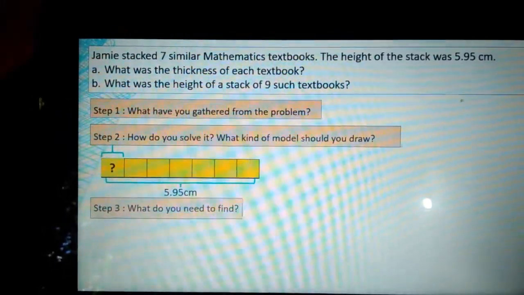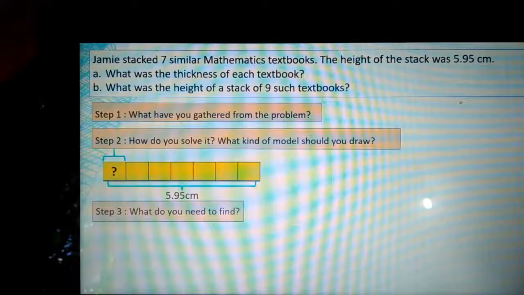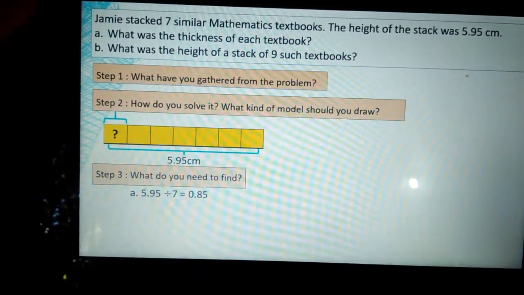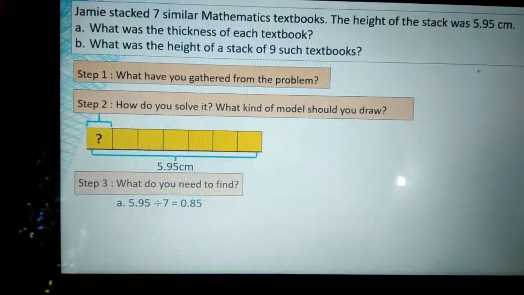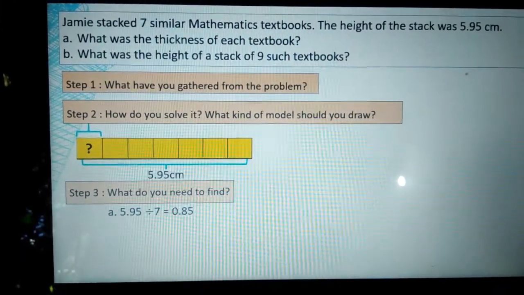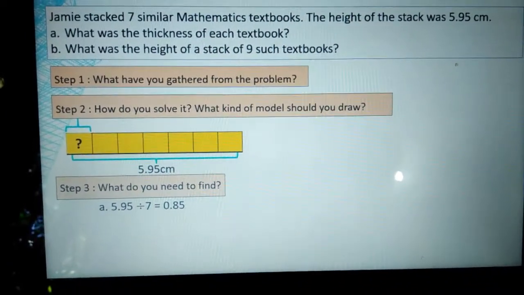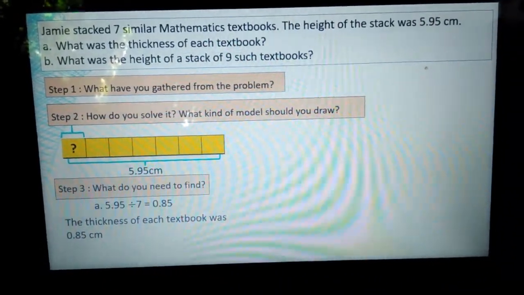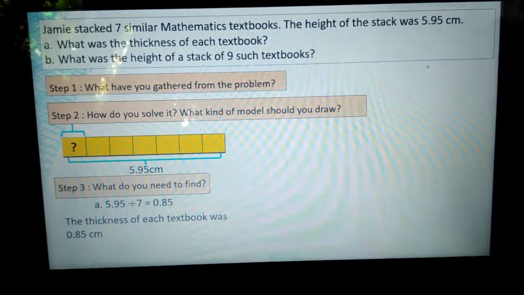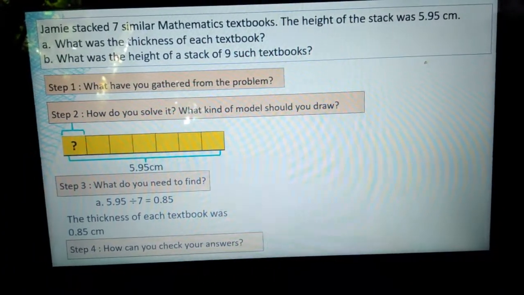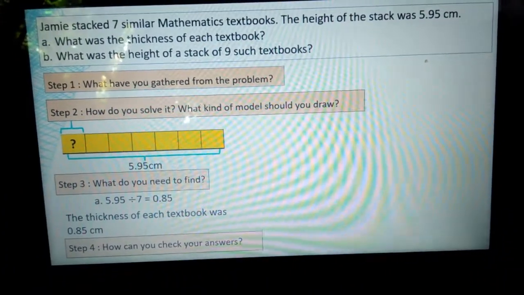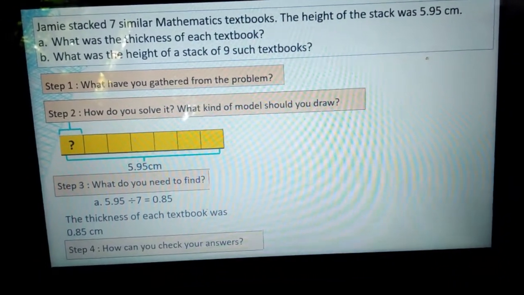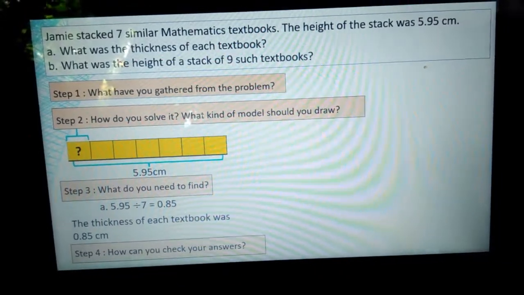So, we need to divide 5.95 centimeters by 7. 5.95 divided by 7 equals 0.85. The thickness of each textbook was 0.85 centimeter. Step 4. How can you check your answers? You may check your answer by working backwards.